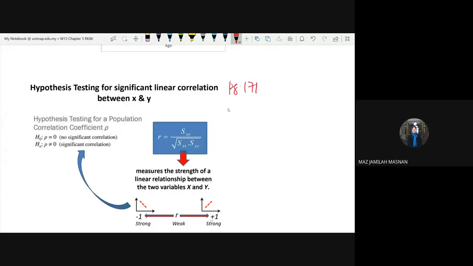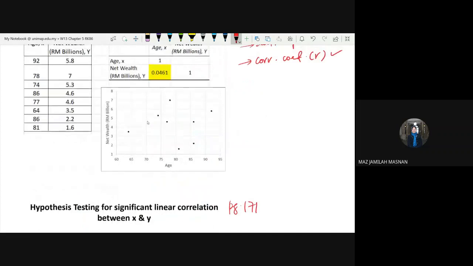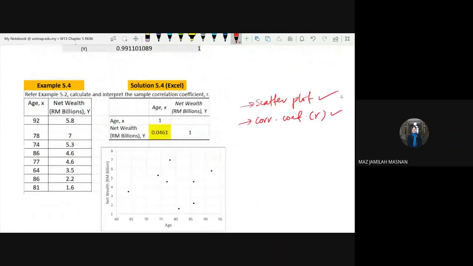there will be a part on hypothesis testing for the population correlation coefficient rho. Now, you know that you are dealing with this particular data. From our scatter plot, we can identify whether our direction will be positive or negative. Based on the correlation coefficient, we know whether our relationship is strong or weak.